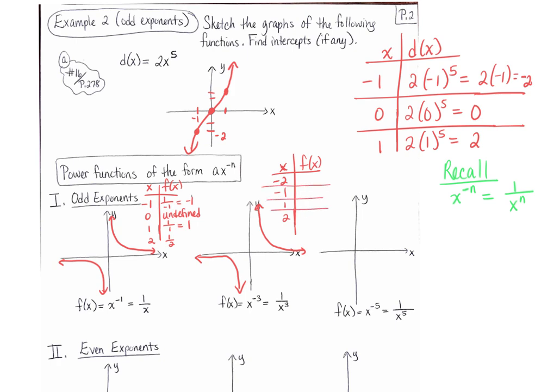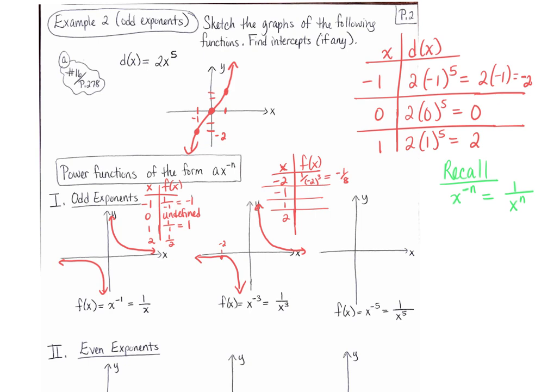So when you substitute in -2, you get 1 over -2 cubed. -2 cubed is -8, so you get -1/8. So that means when you have -2 out here, you get -1/8 as your point.